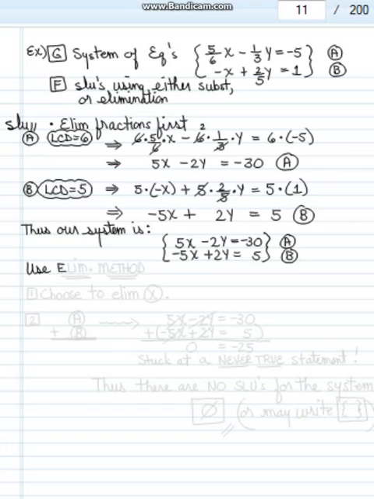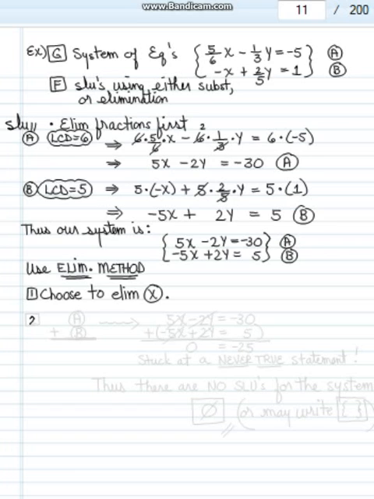Use elimination method. Okay, so step 1, choose which variable to eliminate, and I'm going to say x. Okay, I'm going to eliminate x.